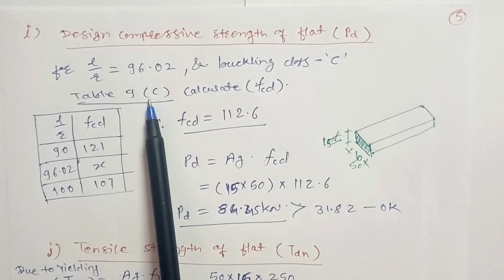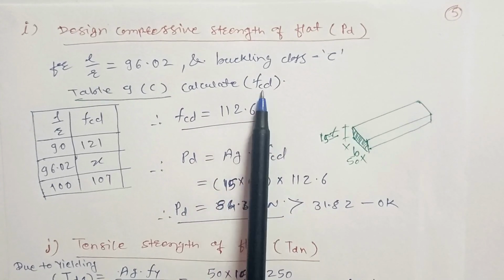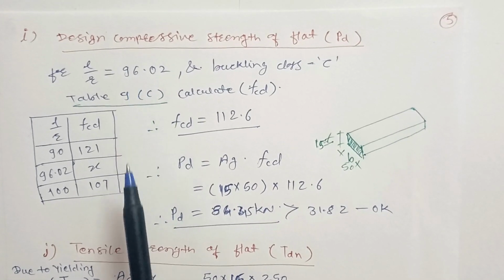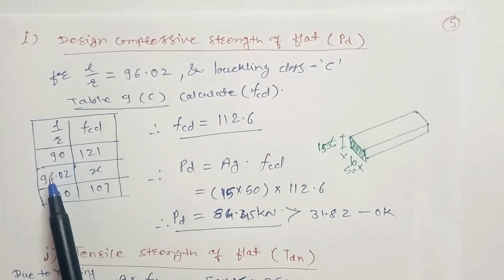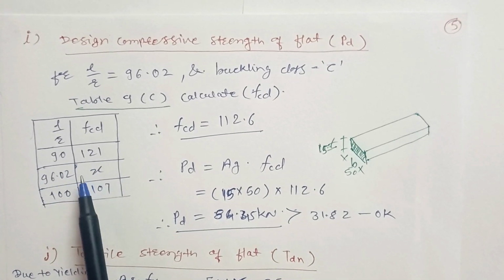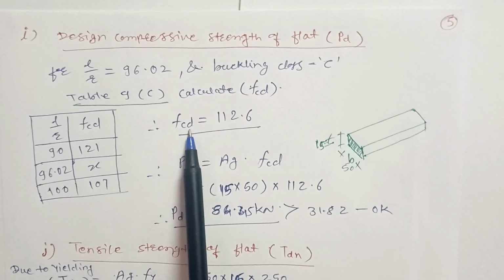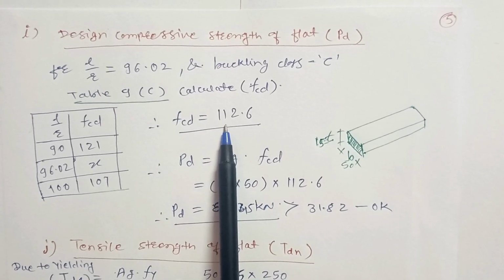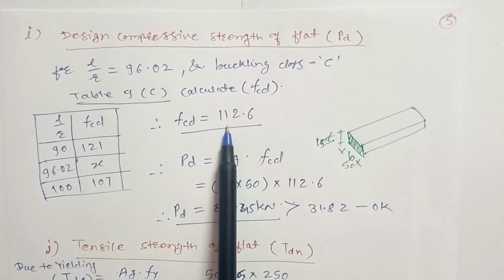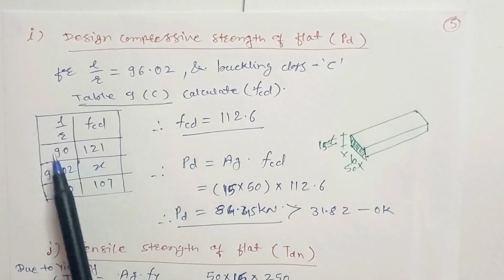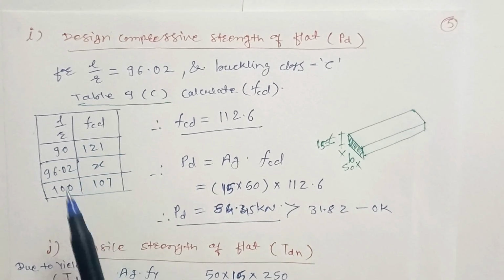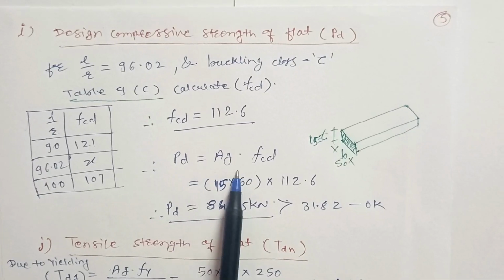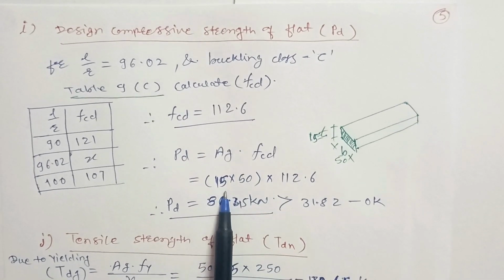So from table number 9C, again we have to calculate FCD for this slenderness ratio of the lacing flat. As we have seen earlier, we have to determine this actual FCD. It is calculated as 112 through the interpolation method from these values, and the design compressive strength is AG into FCD.